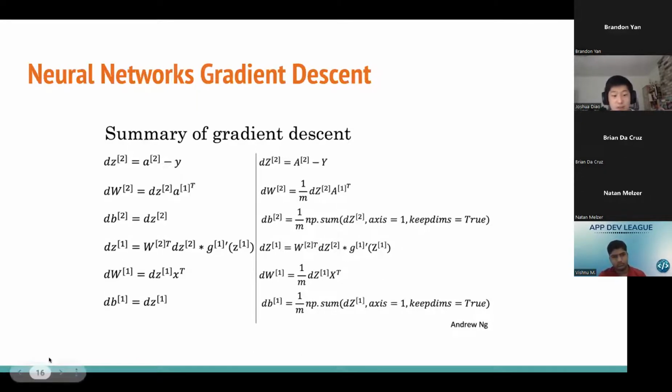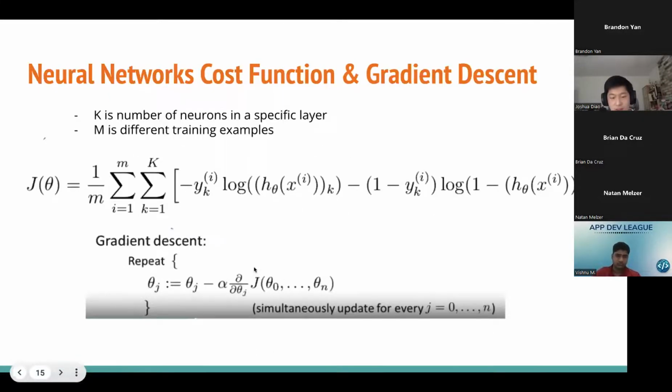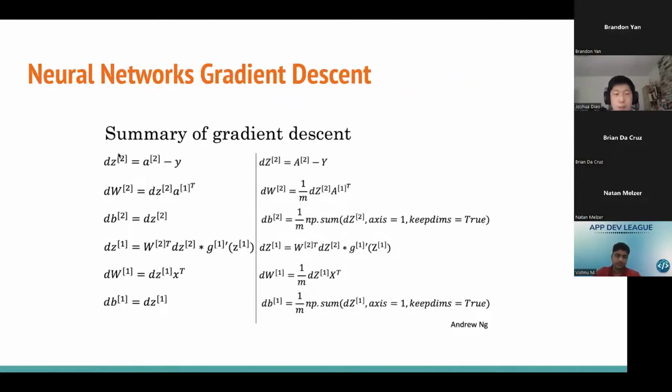There's a lot of math and theory that goes into it. But once we get these formulas, for example dz, we can plug this back into the gradient descent formula in place of this partial derivative, and we'll be performing gradient descent on our output value, which is in our second layer here.